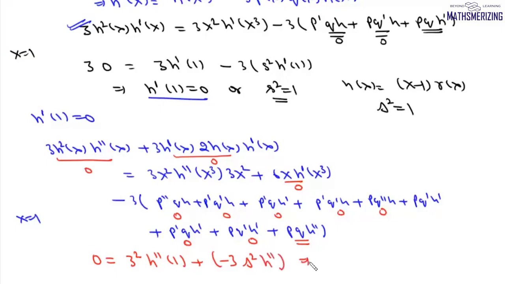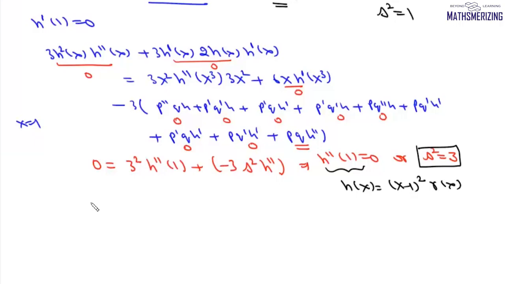So from here we'll get this condition that either H double dash 1 is 0 or s square equals 3. Now if H double dash 1 is unequal to 0, then in that case H(x) will be (x minus 1) square into R(x), where s square equals 3.